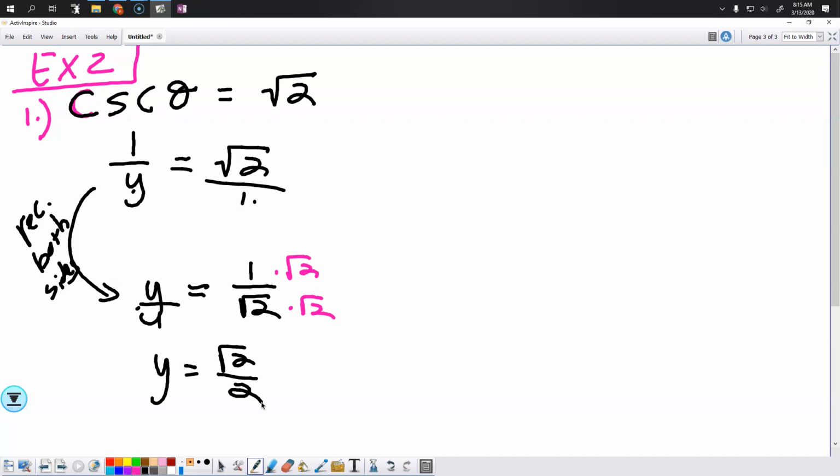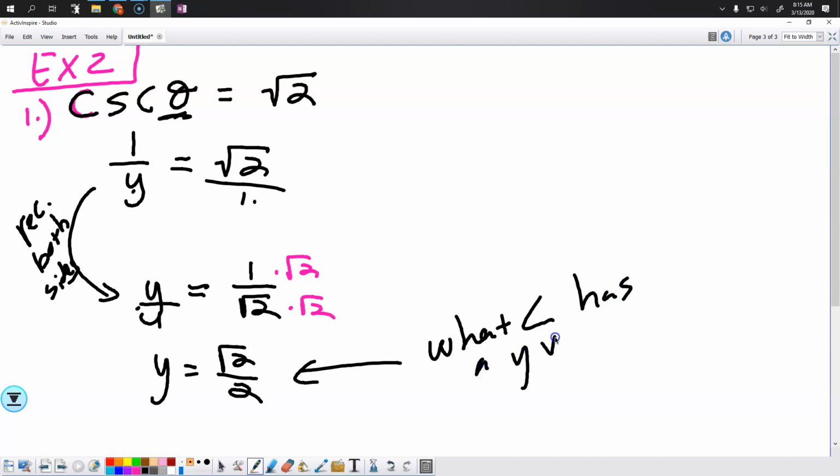Now, we're looking for what? What angle has a y value of radical 2 over 2? 45 and 135? I agree with you.